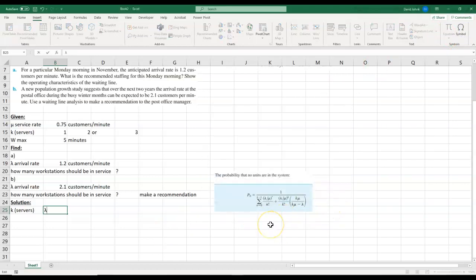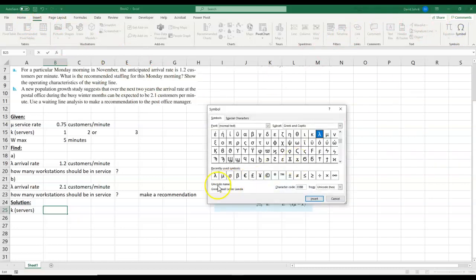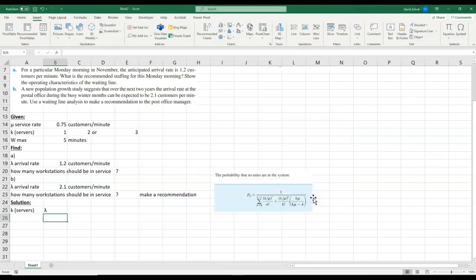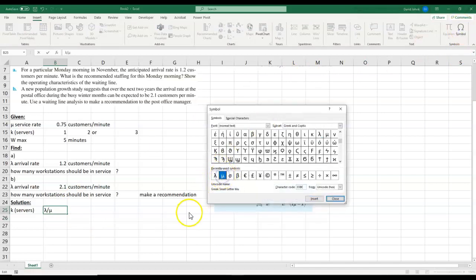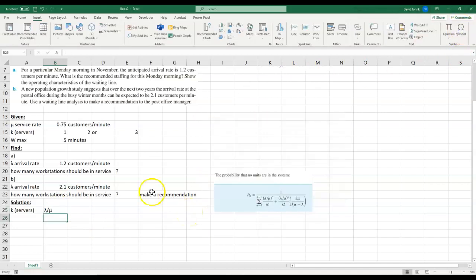close, and then divided by, well, I don't want that, let me try that again. Symbol, lambda. Sometimes you have to hit enter to get out of there because it starts doing some funny things. Divided by mu, enter, enter. And so we're going to go 1, 2, and 3 servers because the maximum is 3, right?